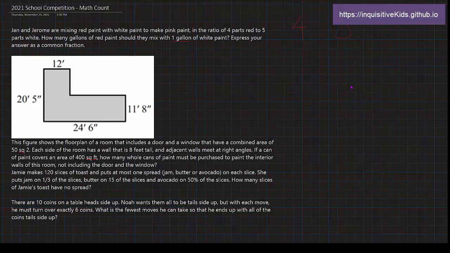So over here, we're trying to find this part right here. This is going to be red and this is going to be white. I'm trying to find how much red will go with 1 gallon of white. And these are equivalent fractions. So, since over here we divided by 5, we have to do the same on the other side as well.